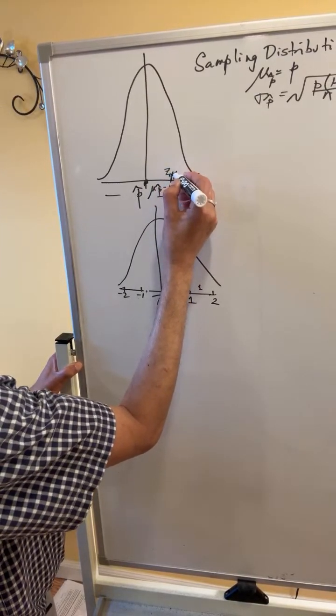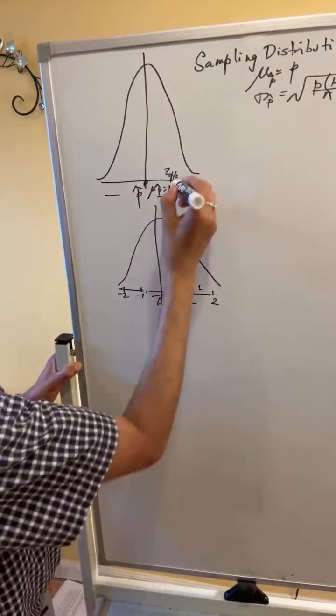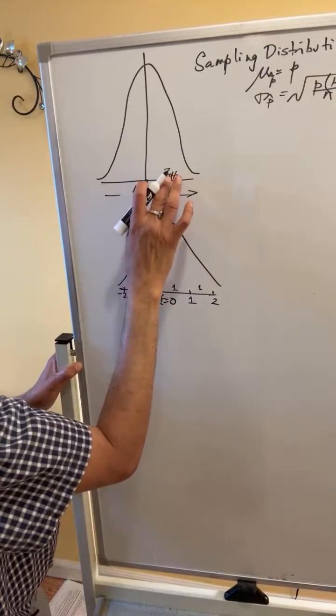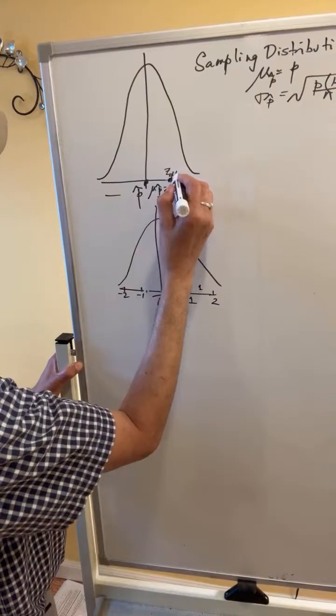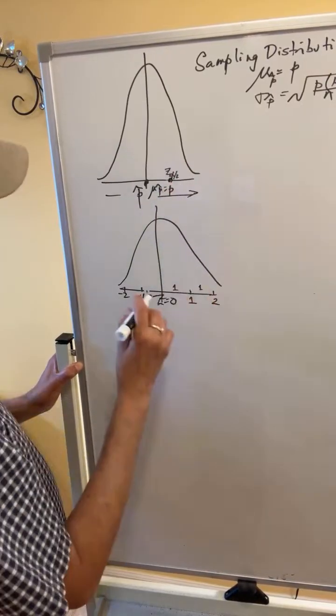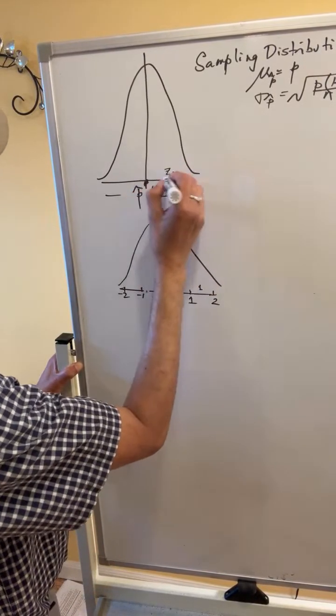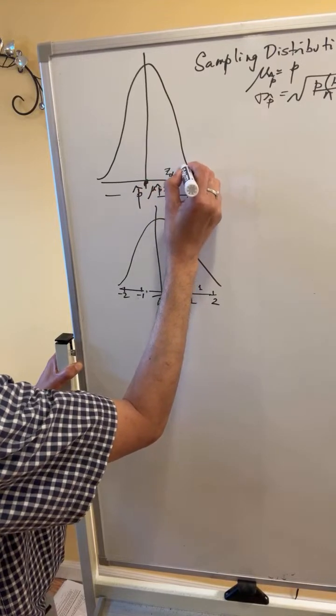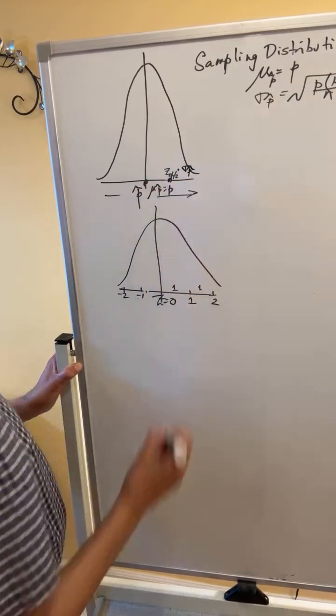So suppose you select a point whose z-score on this axis is z alpha by 2. I will introduce those concepts later on. Then it is z alpha by 2 standard deviations away from the mean, multiplied by sigma p hat.